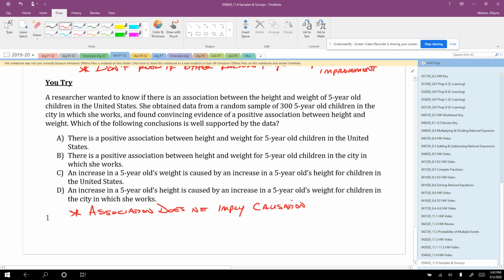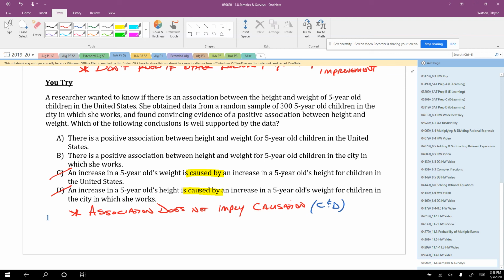So two things can be associated, that there's a link, but that doesn't mean one causes the other. Okay. So if we use that, association does not imply causation, we should be able to eliminate D and C. Right. I'm just going to put it here, C and D, because it specifically says is caused by. Okay. So that leaves us with A and B.